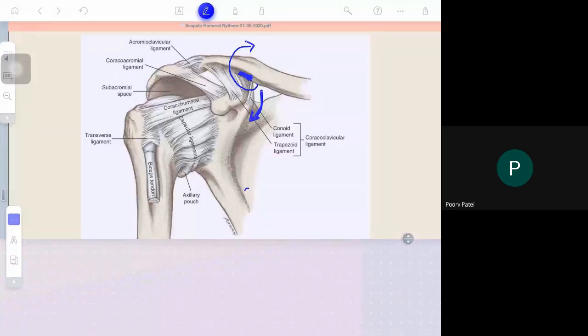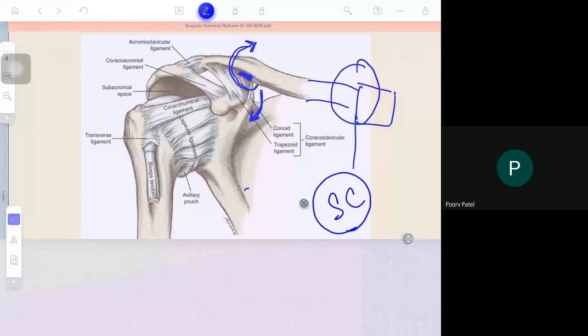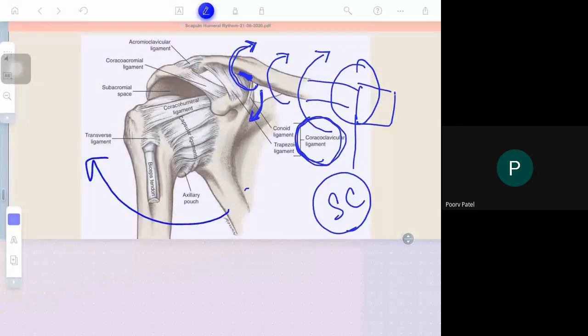This is called posterior rotation of the clavicle. And where does this movement occur? In the sternoclavicular joint. So posterior rotation at the sternoclavicular joint occurs because the tension in the coracoclavicular ligament starts rotating the clavicle posteriorly. This will occur when the scapula is rotated to its maximum upward rotation. After that the clavicle will start to rotate posteriorly.